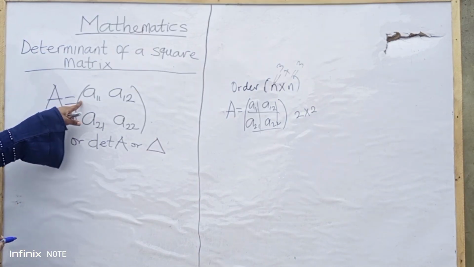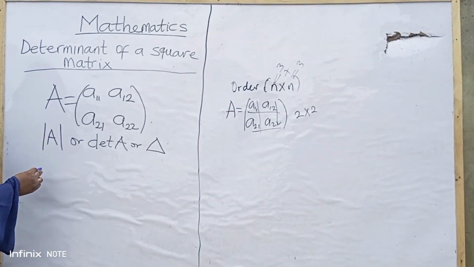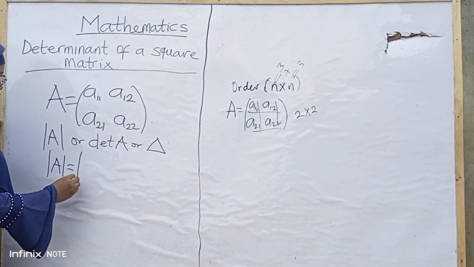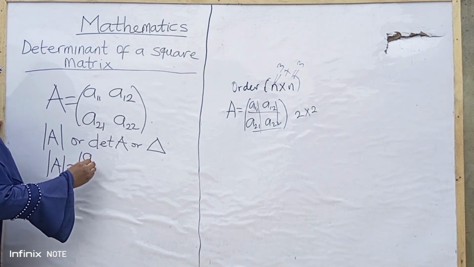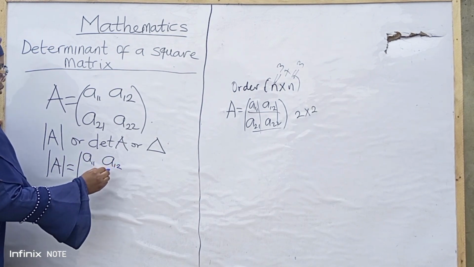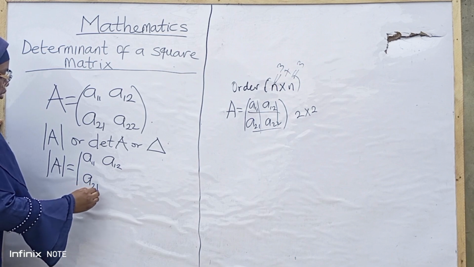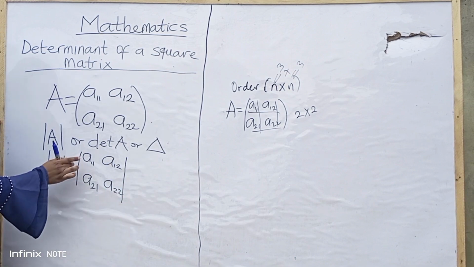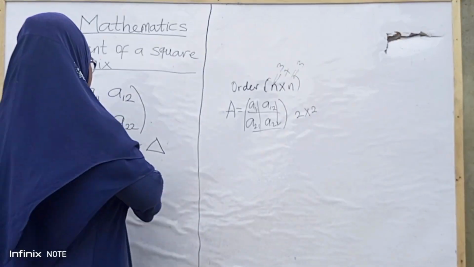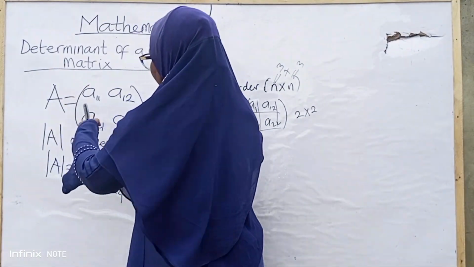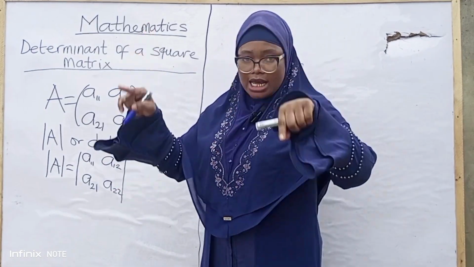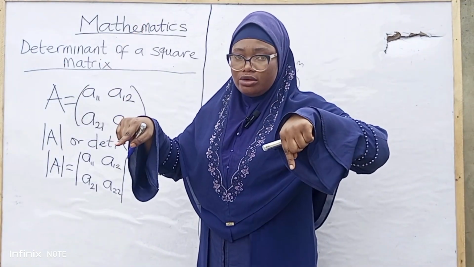So the determinant for this given matrix is the absolute value of A11, A12, A21, A22. You can see these are straight lines instead of the curved brackets used for a matrix.